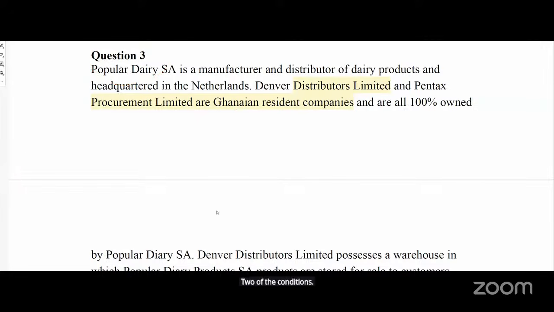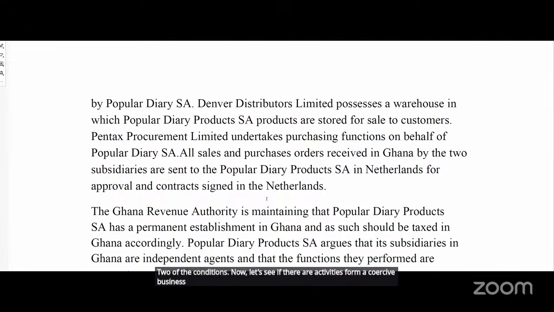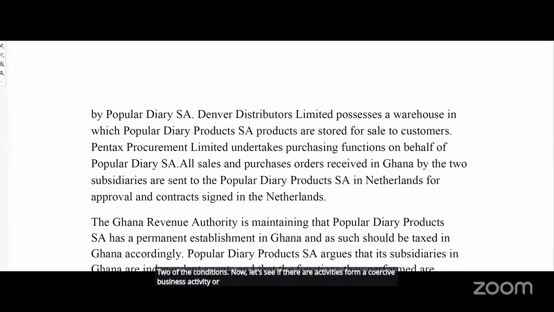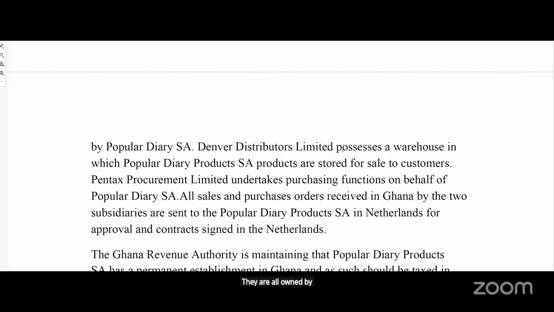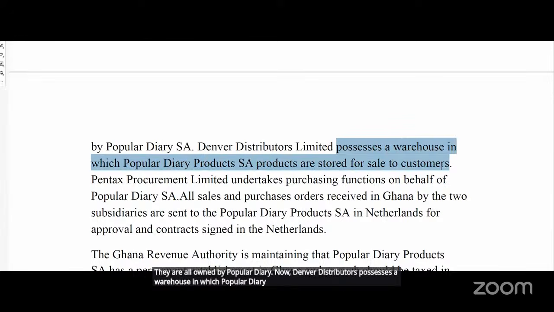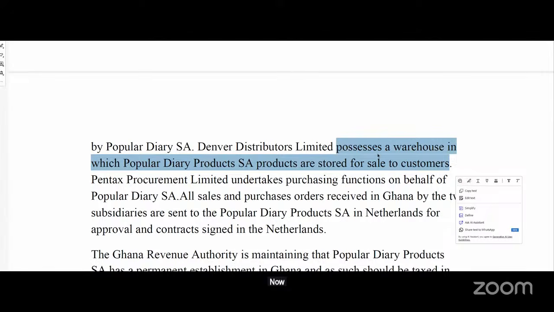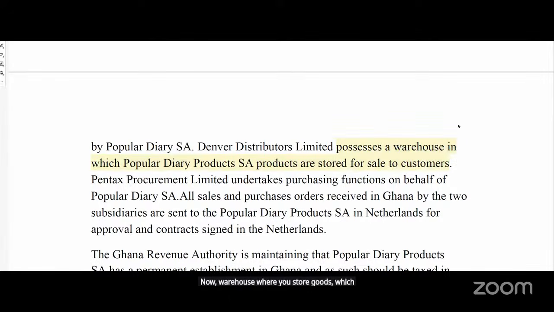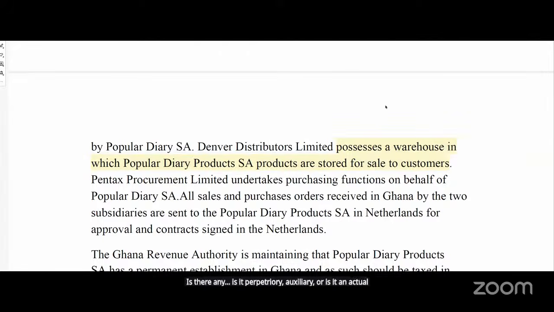Now, let's see if their activities form a cohesive business activity or complementary functions. Denver Distributors possesses a warehouse in which Popular Dairy products are stored for resale to customers. Now, a warehouse where you store goods which are later sold to customers, is it preparatory or auxiliary, or is it an actual sales activity?